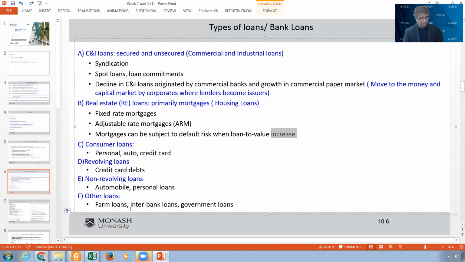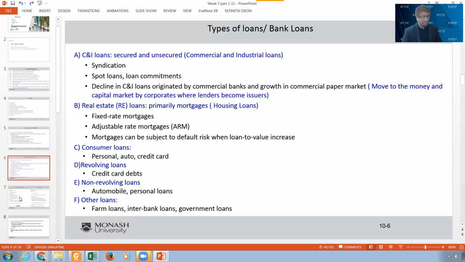We also have interbank loans and government loans. These are all the types of loans, and I am not going to extend beyond this because we are not talking about the loans, but the credit risk. So this is the types of loans, just in terms of description.